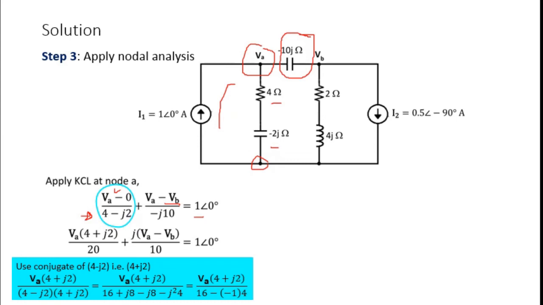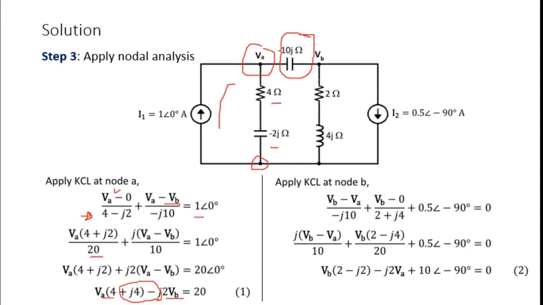So if you look at the bottom part, you have 16 plus 4, so it will give you 20, and then the imaginary value is cancelled off. This is the final expression for node A, and we call this equation 1.